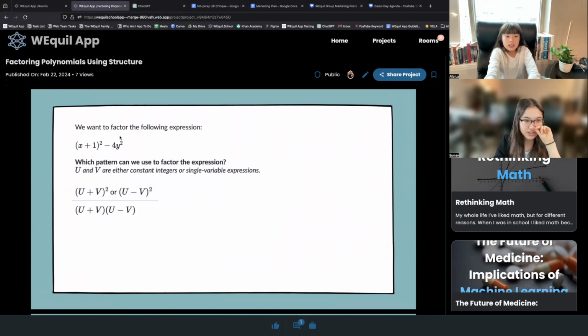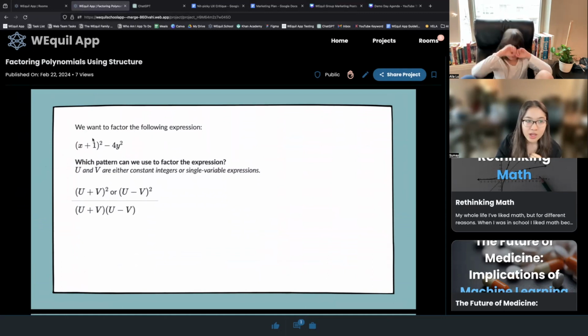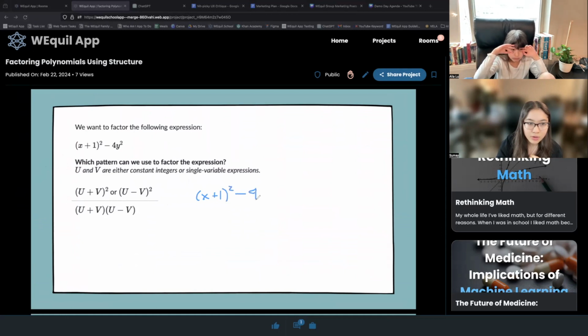So we want to factor the following expression. What pattern can we use? We're thinking, which dichotomy does this fall into, right? First, let's try to expand this out. We have x plus 1 squared minus 4y squared, where we take x goes into x plus 1, goes into x plus 1, minus 4y squared.